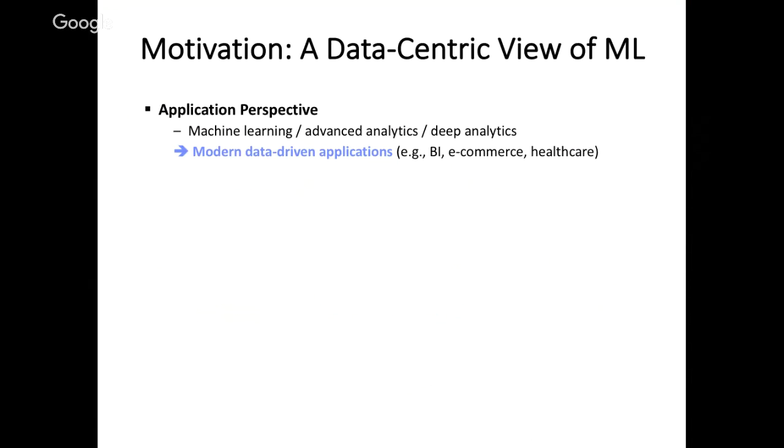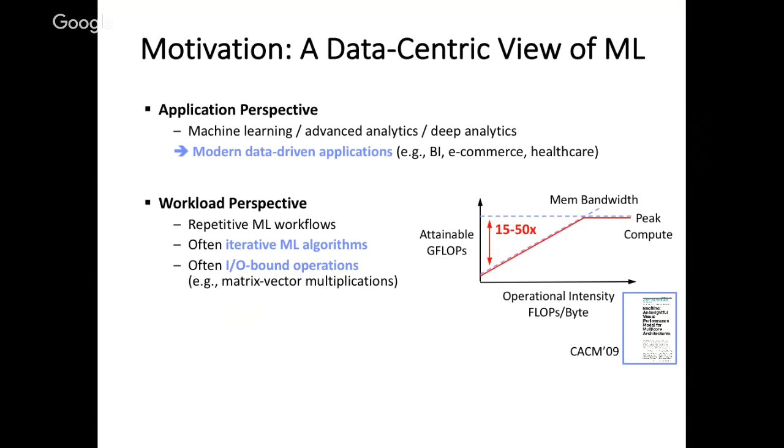Now, let's have a look at the motivation. So essentially, we want to make a case for data-intensive machine learning. And there are many facets to that. The first facet is an application perspective. We see today more and more applications that try to build data products. And there we can see the entire application essentially as one large data pipeline. There's also a workload perspective.